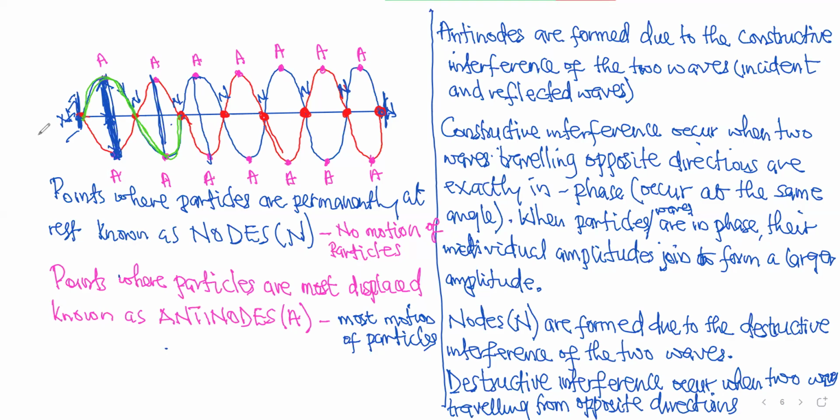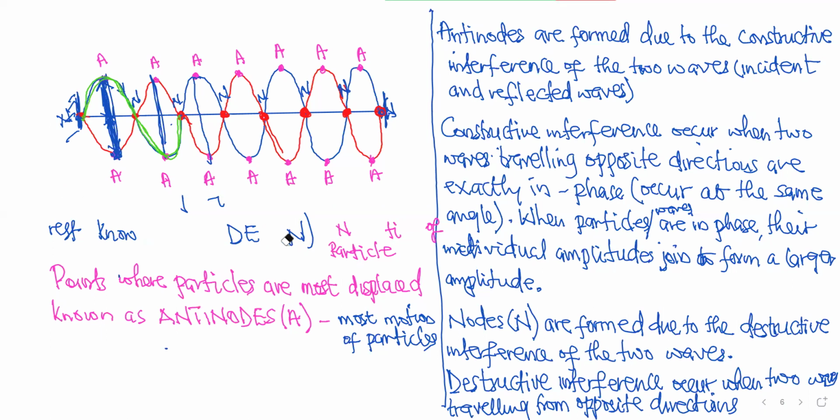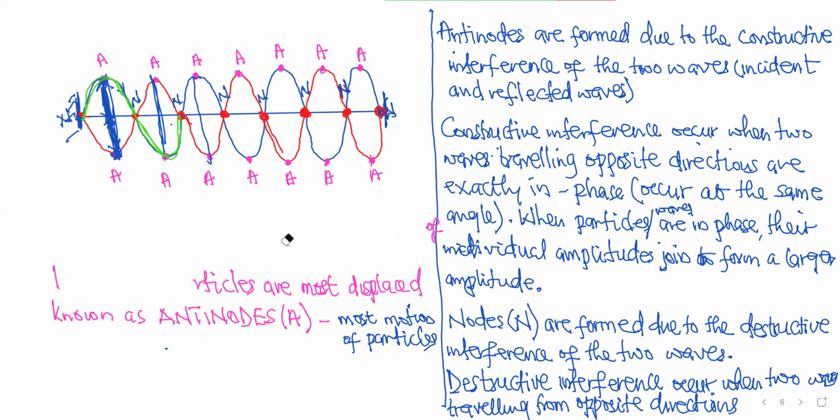The wavelength is lambda. Now look at this shape. We are from node to node.